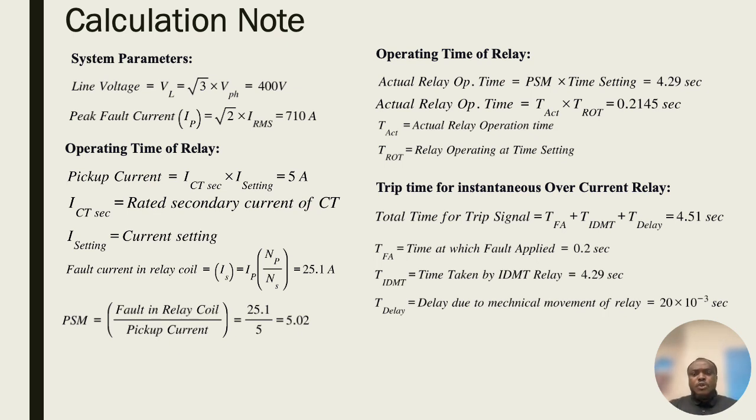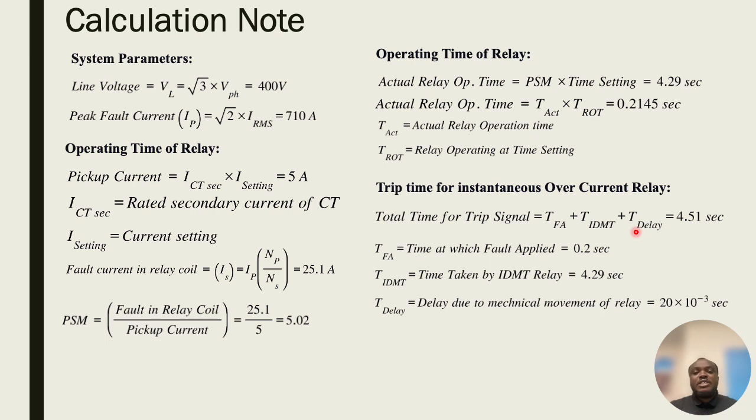The total time for the trip signal includes the time at which the fault is applied, that's TFA, the time taken for the IDMT relay to operate, plus the delay due to mechanical movement of the relay.